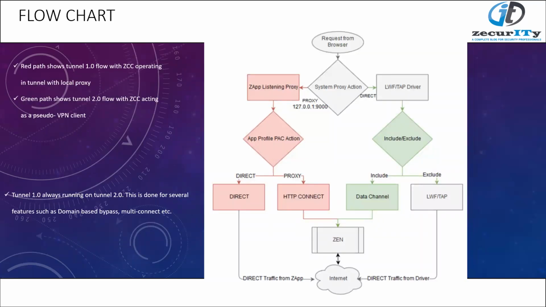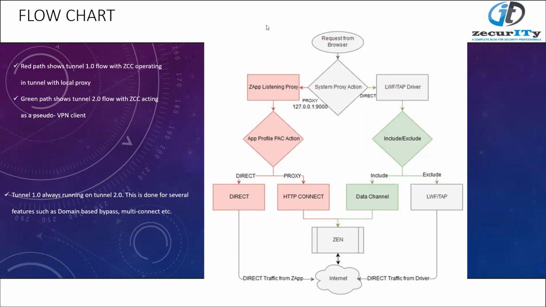This flowchart simply describes the traffic flow of both Tunnel 1.0 and 2.0. The left-hand side describes Tunnel 1.0 in red boxes, and the path marked in green is predominantly for Tunnel 2.0.